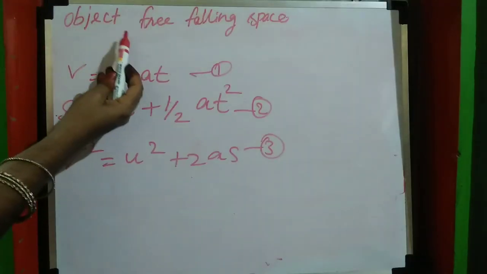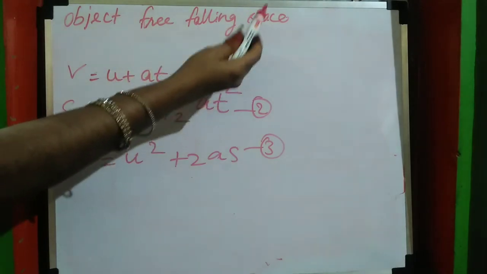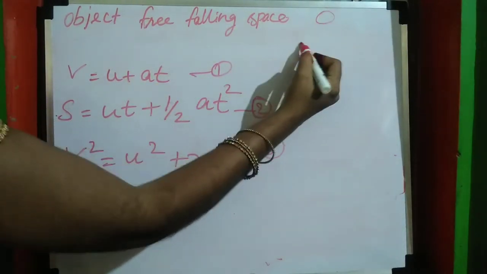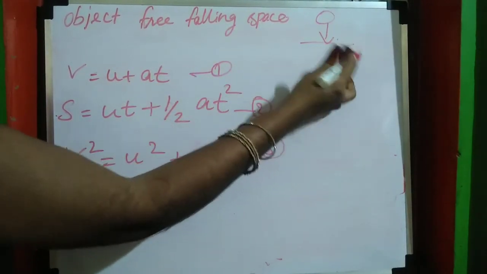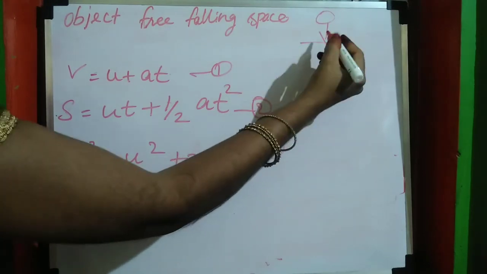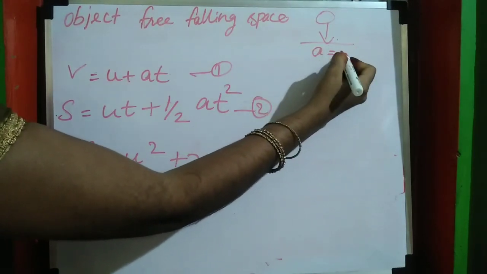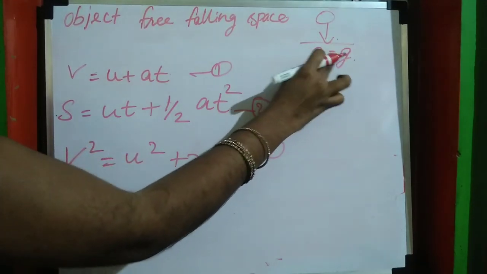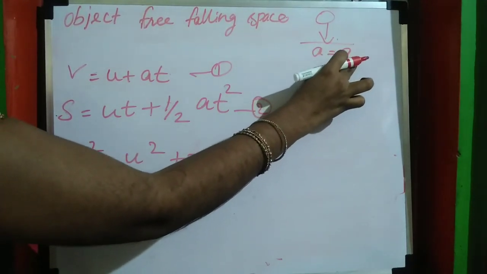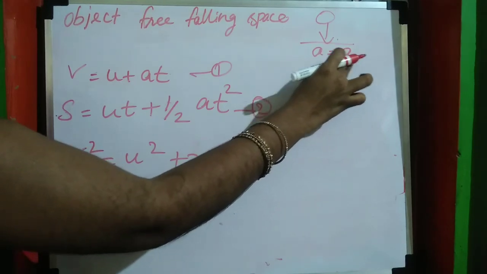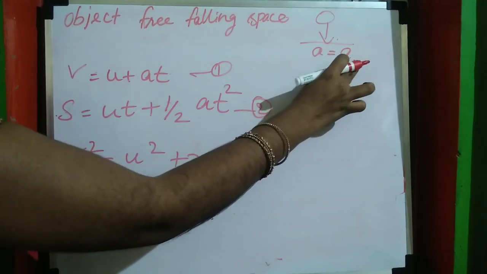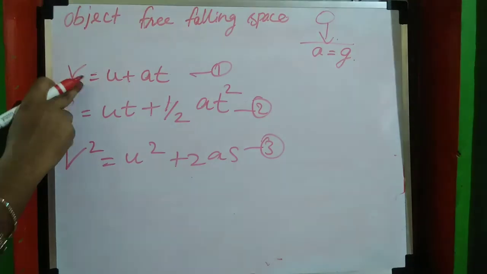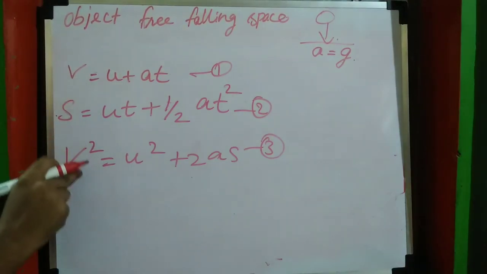For an object free falling in space, the acceleration a is replaced by the gravitational g. g is the acceleration due to gravity. So see the three equations of motion.